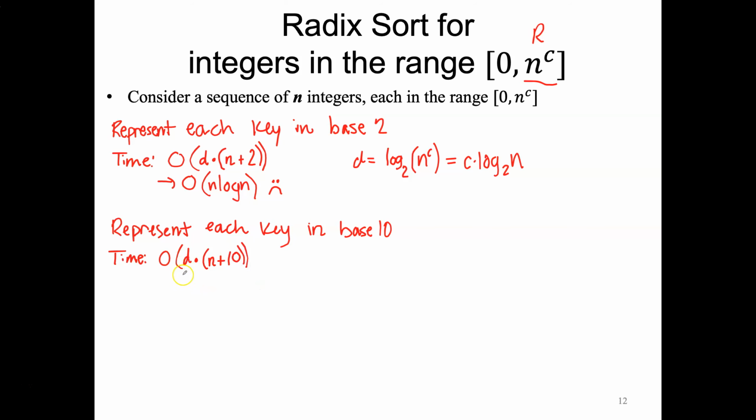But again, what's d? How many dimensions? If we have to represent some number in base 10, the largest number we have is n to the power of c. So how many times we'll ultimately have to call bucket sort is log base 10 of n to the power of c, which is still some constant number times log base 10 of n.